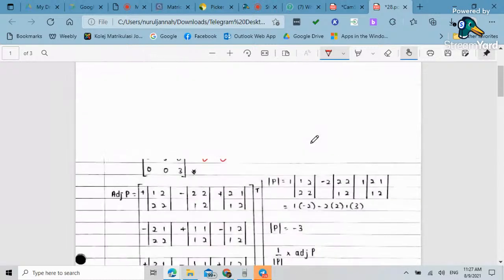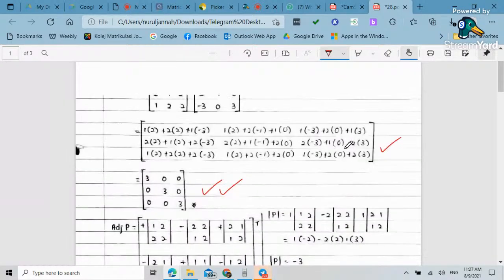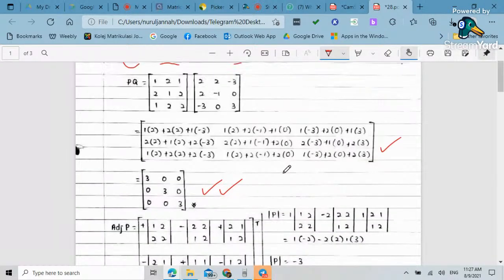It's not acceptable because you need to use properties. Instead of adjoint, you need to use properties. So PQ is equal to 3I, and then you multiply both sides with P inverse.